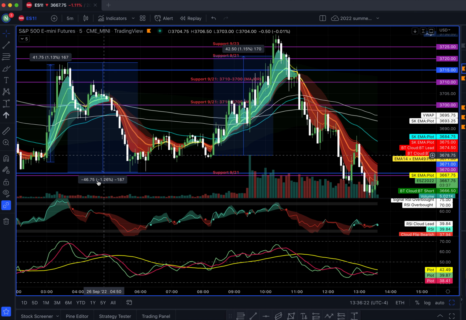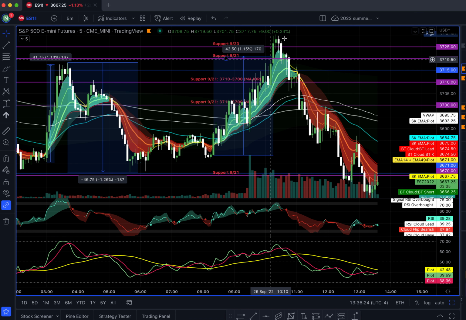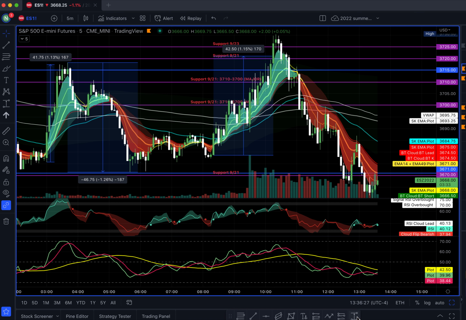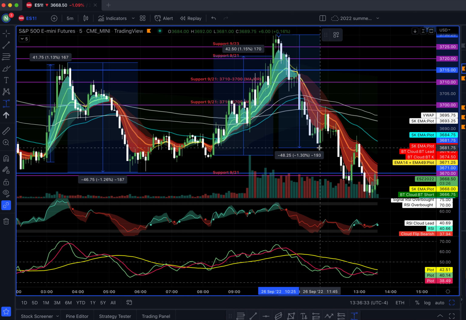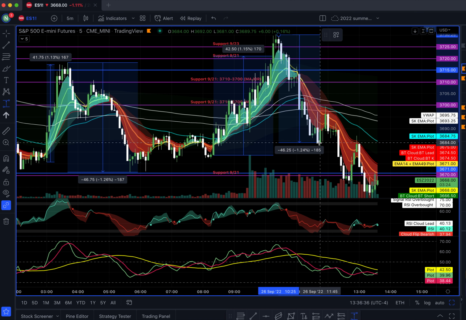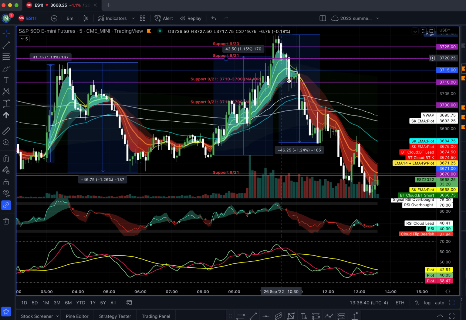We had a measure here, 46 points from the top. So if we go from here and measure 46 points, we go all the way down, and here we are. I did this fast, but you see that the first stop was at that exact same amount. This was your secure profit target.